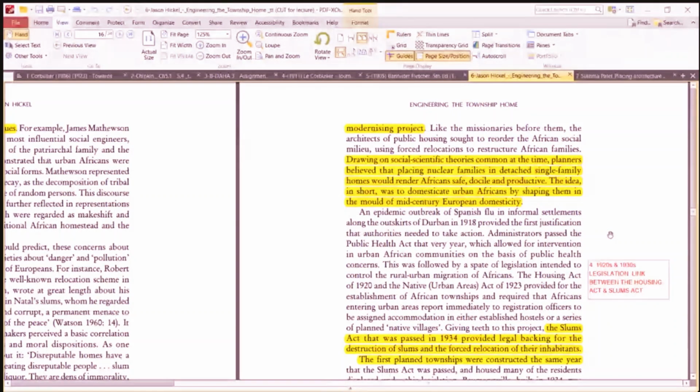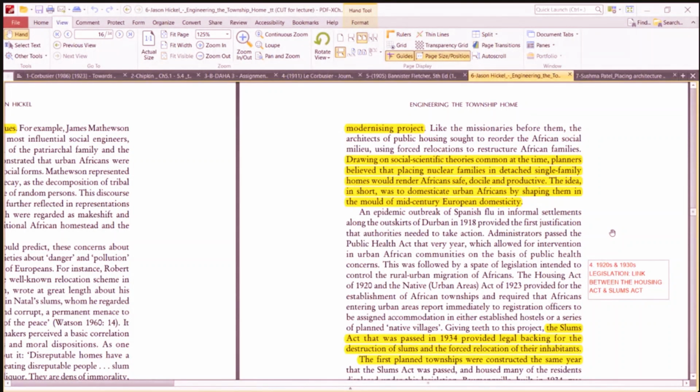Drawing on social scientific theories common at the time, planners believed that planning nuclear families, right? A nuclear family is husband, wife, and kids who live independently in a house. That's like a nuclear family, as opposed to extended families, as opposed to living with your aunties and uncles and grannies and in-laws or whatever other situations you have. They imagine nuclear families, a little suburban house with a mother and dad and kids in this independent house that is going to manage the Africans and control them and make them docile and manageable.